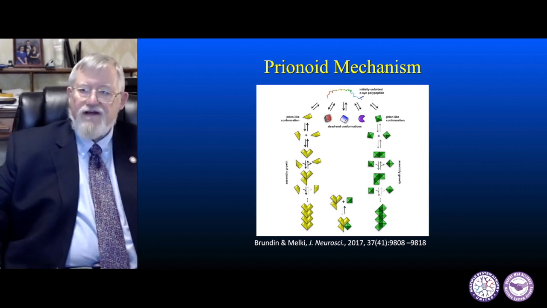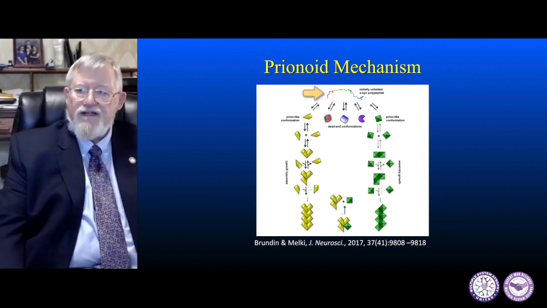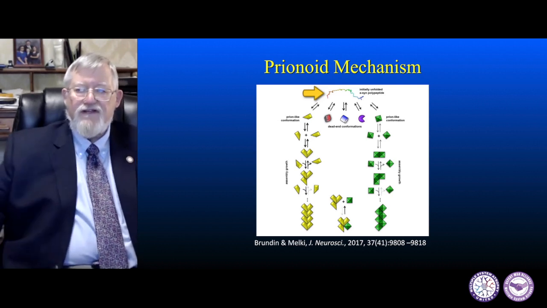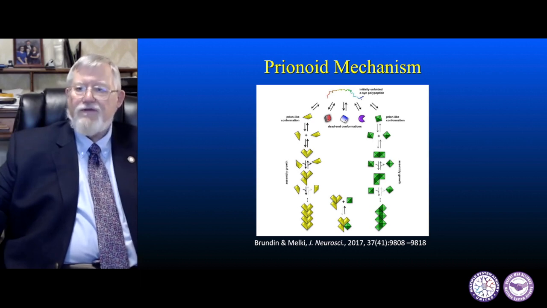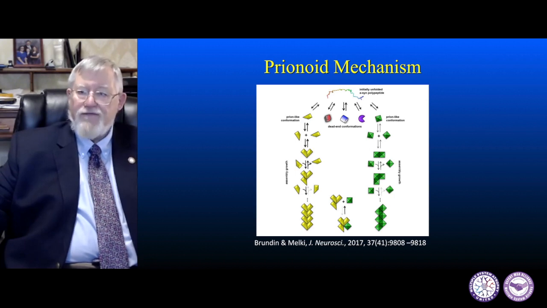This is the concept up at the top of the slide here. You see an alpha-synuclein polypeptide, a piece of protein, unfolded, a string of amino acids, and it can fold up in a number of different ways, represented just below that by these different geometric shapes.